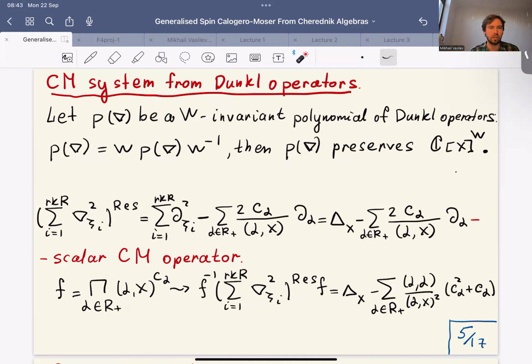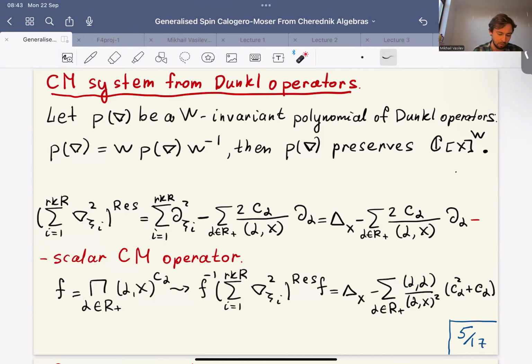In the case of a general Weyl group, there will be other W invariants, but there are enough of them. And what can we say? We can say that invariant polynomials of Dunkl operators, when acting on W invariant polynomials of X, preserve this space. And this is the most important thing that we need to construct Calogero-Moser systems from Dunkl operators.